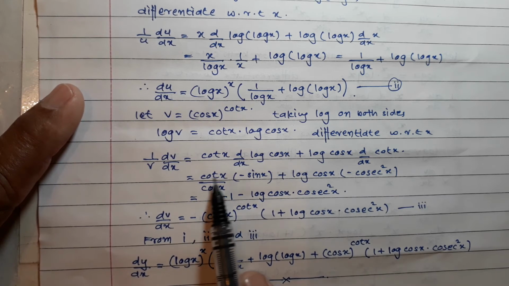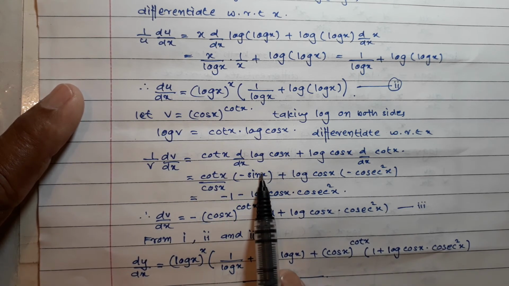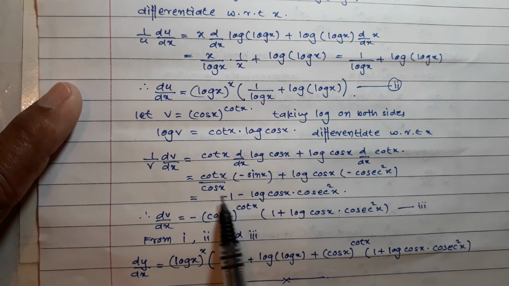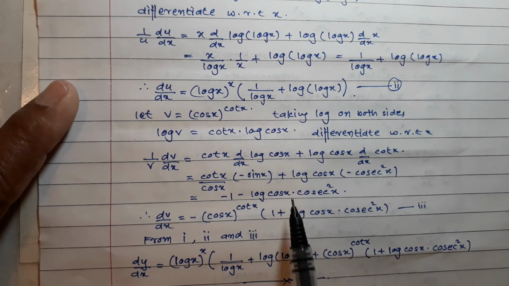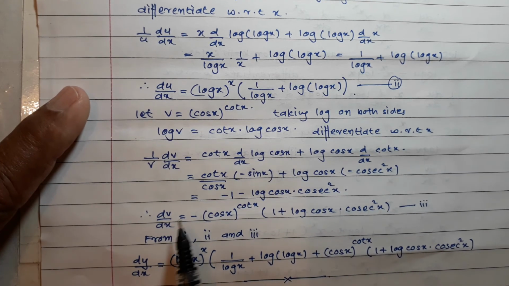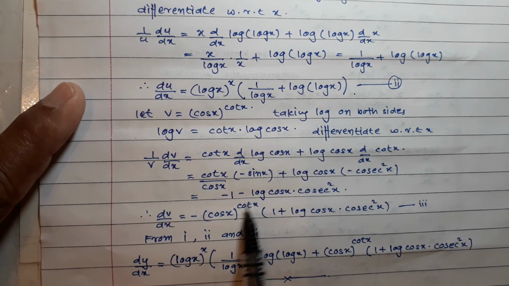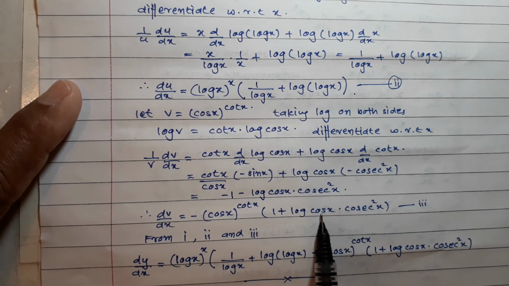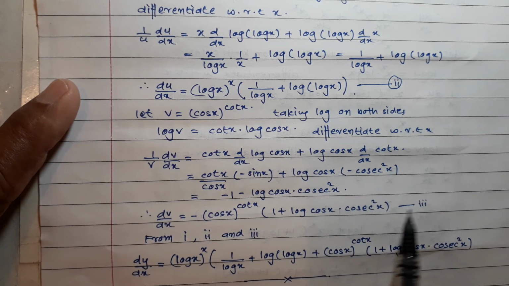Tan into cot is equal to 1, so minus 1 minus log cos x into cosec square x, and therefore dv/dx is equal to minus (cos x)^(cot x) into bracket 1 plus log cos x into cosec square x.